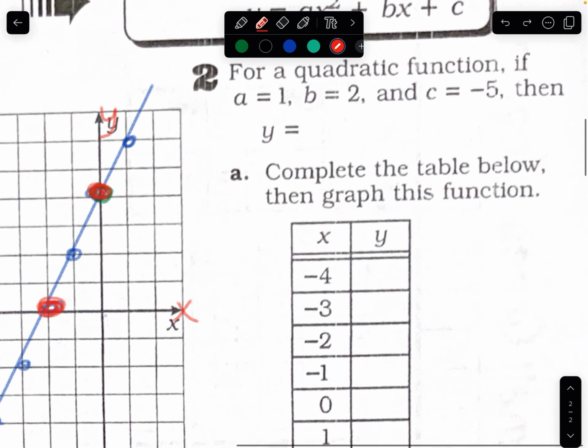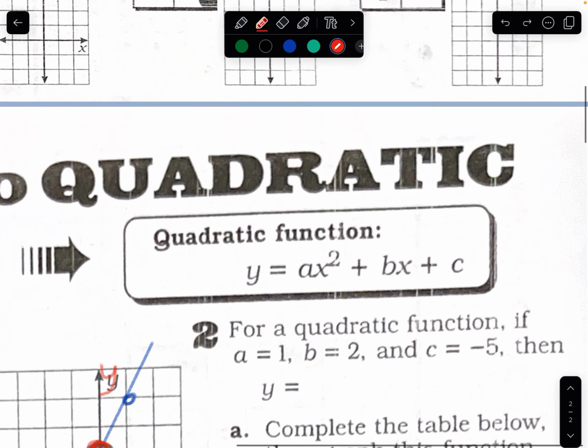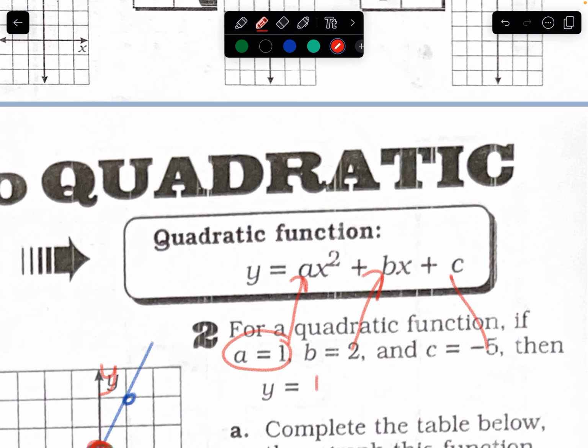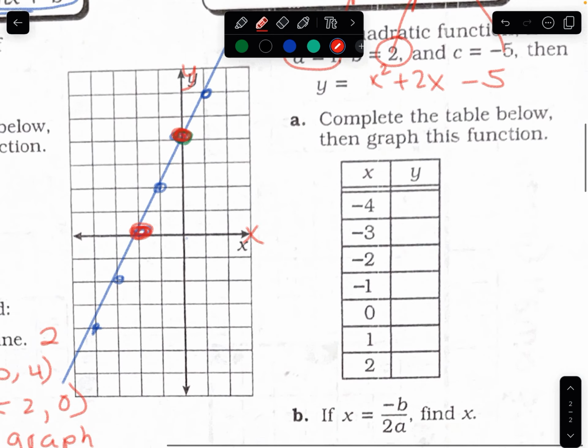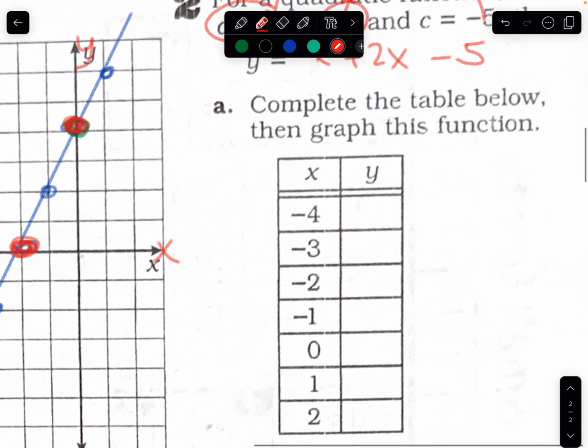This one here, quadratic, A goes here, 1, B's here, C is there, so y equals 1x squared, or 1 can be invisible, plus bx, b is, in this case, 2, x and c is minus 5. Okay, use that. You substitute in. I'm going to start with 0.